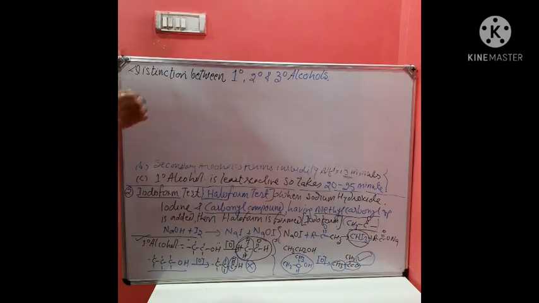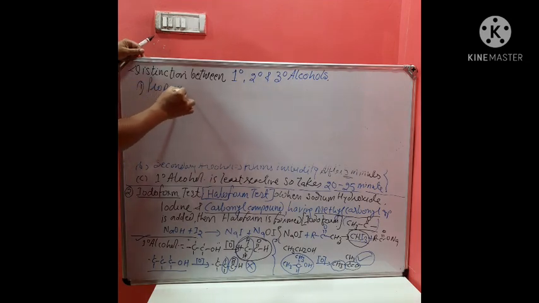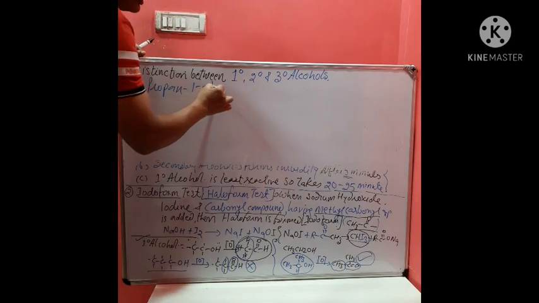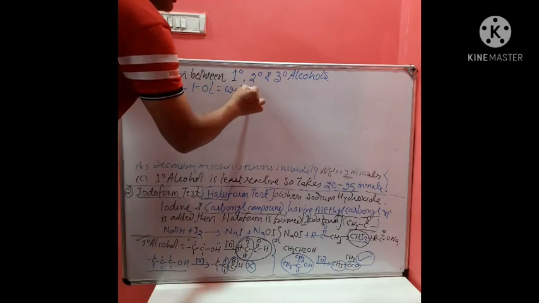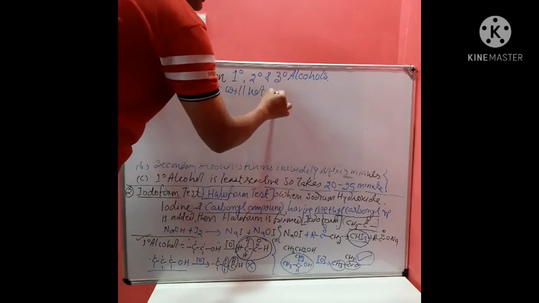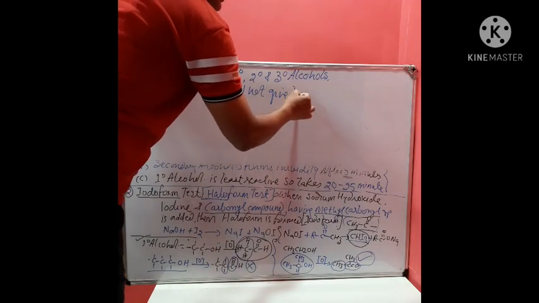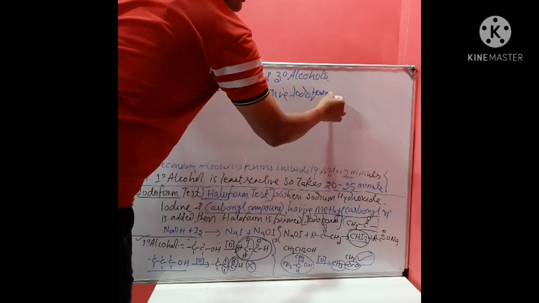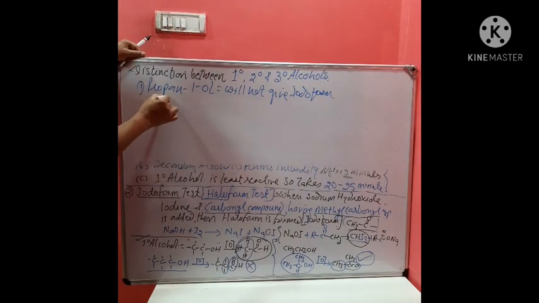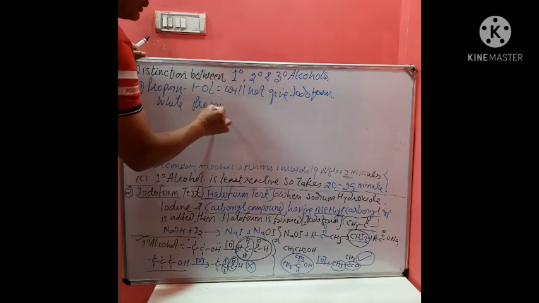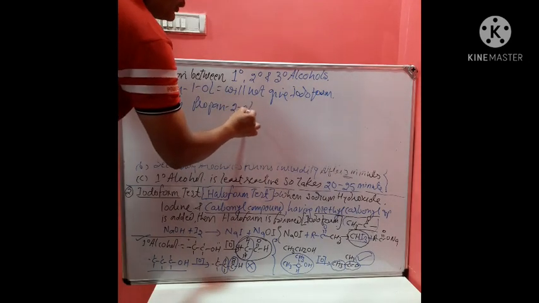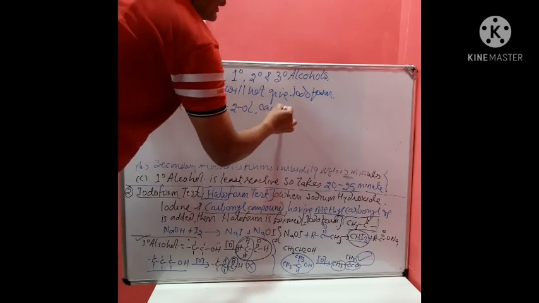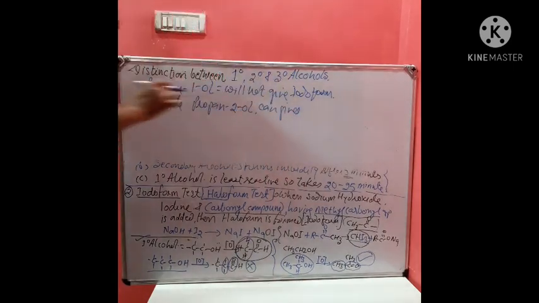Look at this: propane 1 ol will not give the iodoform test, while propane 2 ol can give it.